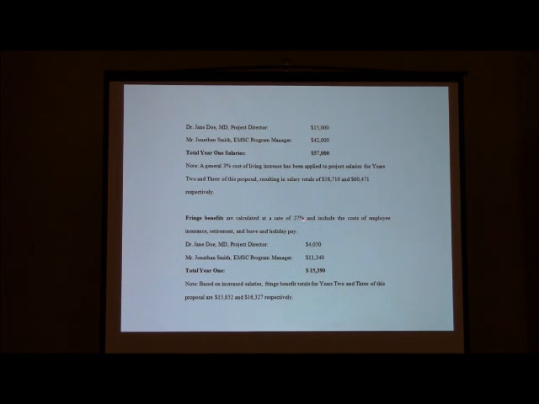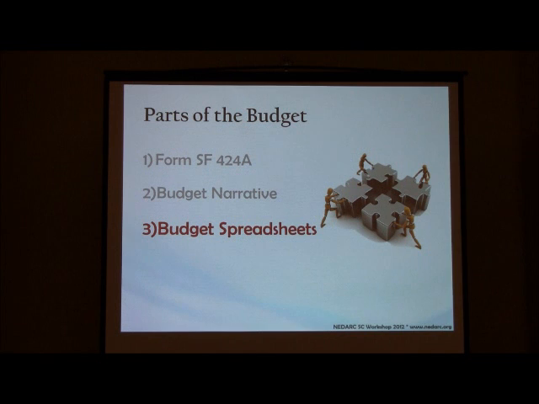Fringe benefits, 27%. So here those rates are, and then the total for the 2, and then the same sort of thing about what happens in years 2 and 3. So that's an example of just a snapshot of how you might describe personnel expenses in the budget narrative. I'm going to show you an alternative here in just a second as well.